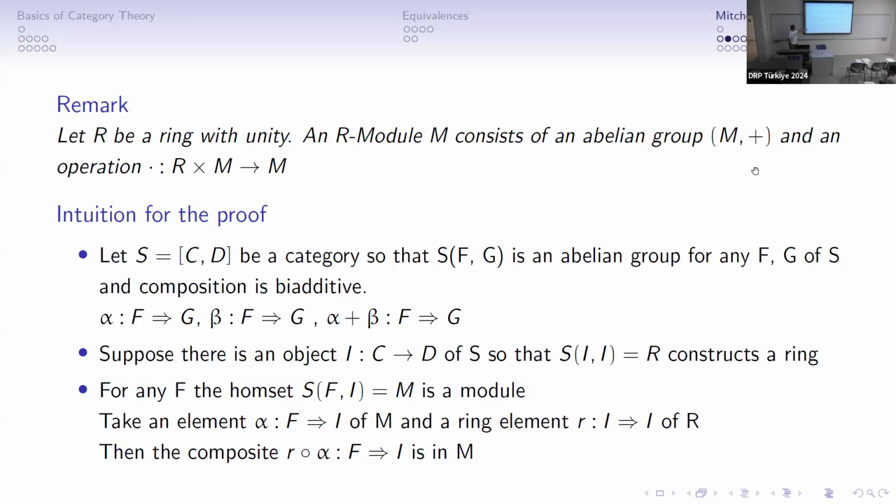We can observe this by taking an element alpha and a ring element and composing them. We are still in the hom set. So this composition of natural transformations corresponds to the scalar multiplication from the left in R-modules, basically.